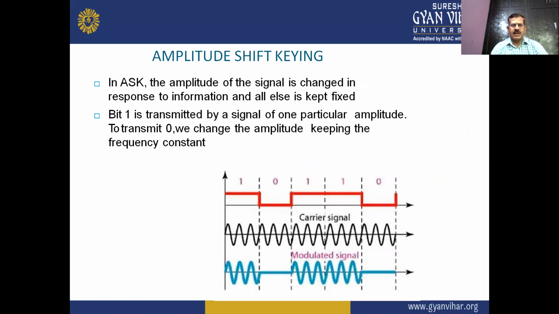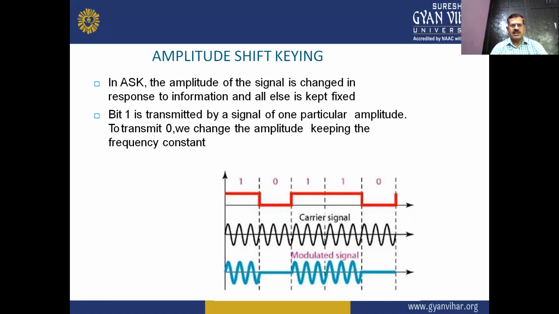The first one is amplitude shift keying. In ASK, the amplitude of the signal is changed in response to information, and all else is kept fixed. A 1 is transmitted by a signal of one particular amplitude. To transmit 0, we change the amplitude, keeping the frequency constant.